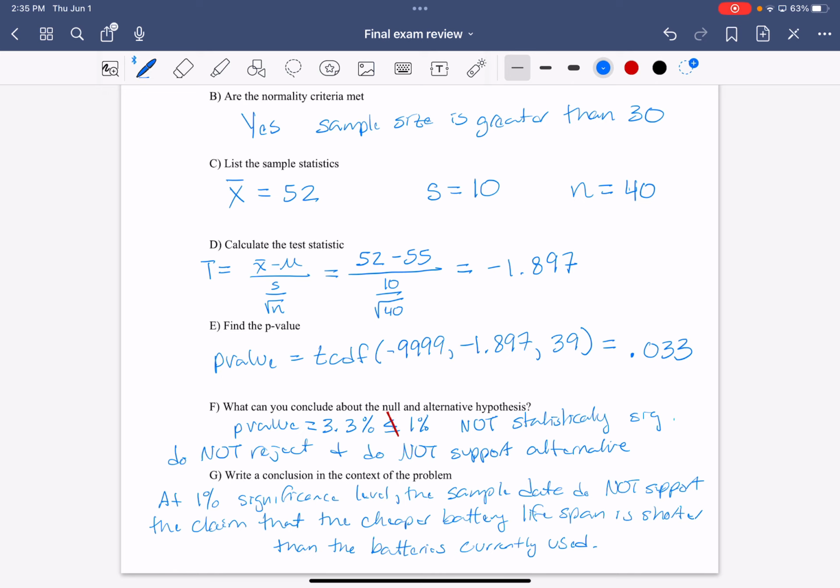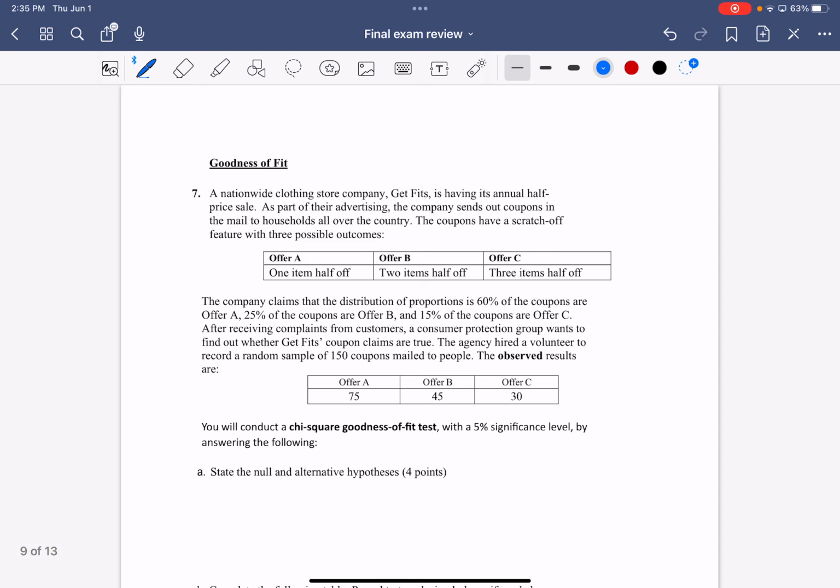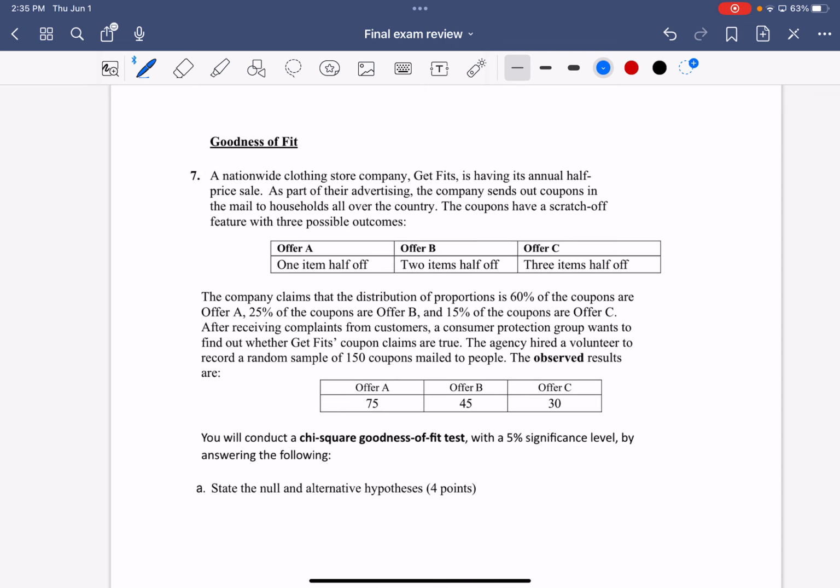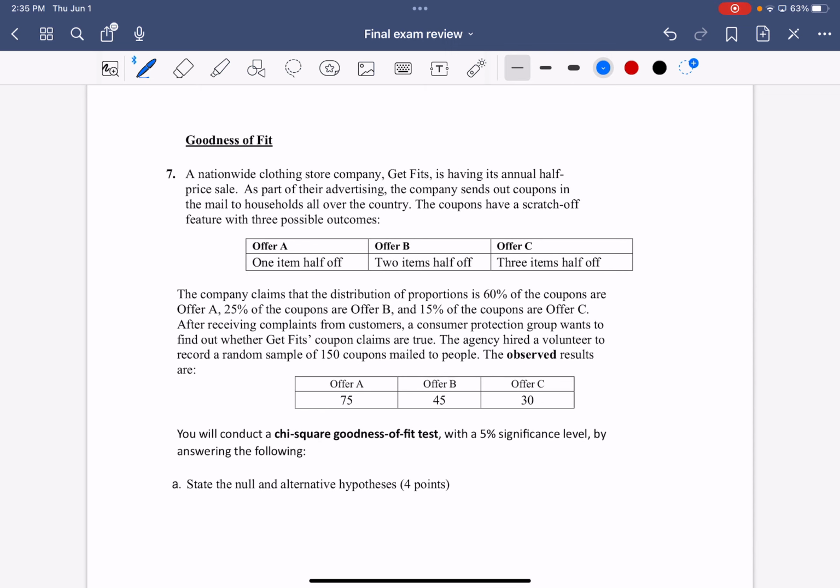Okay, I have a feeling we'll probably finish a little bit early, but we're doing okay on time.